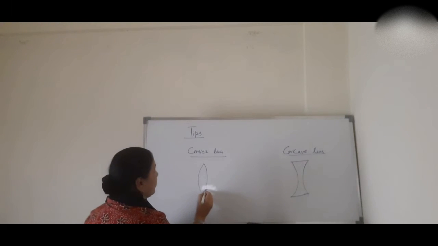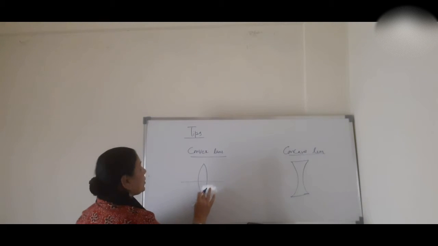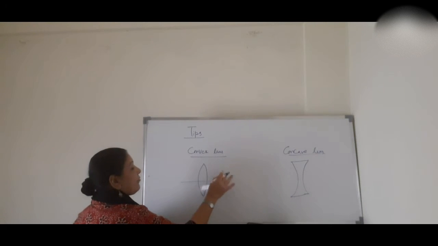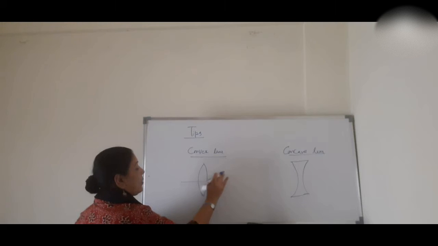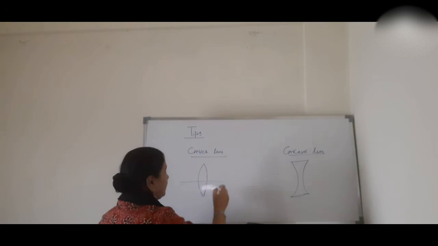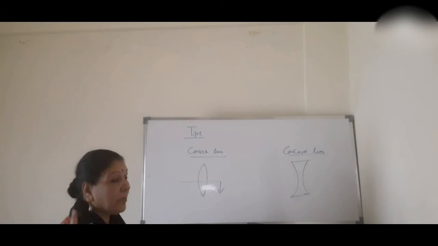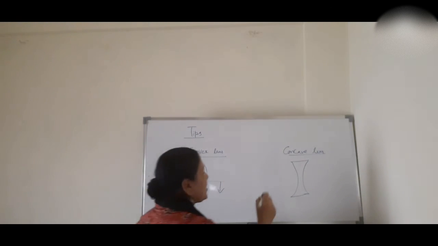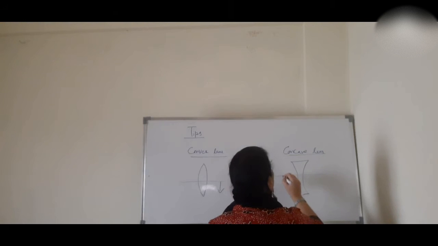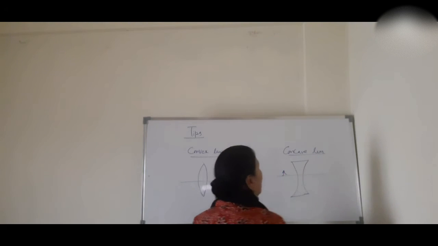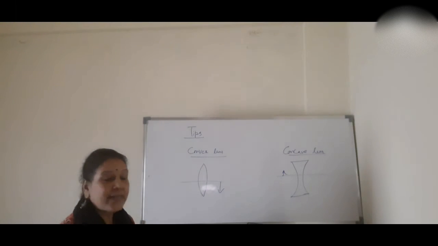I've discussed with you that in a convex lens, barring one case, the images are formed real and inverted on the other side, whereas in a concave lens all the images are formed on the same side of the lens.